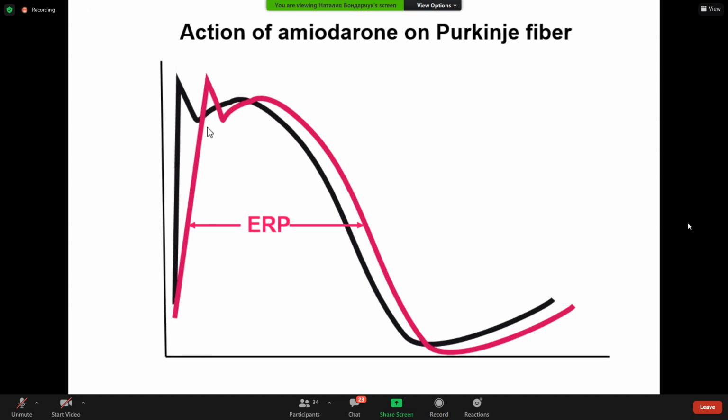That's why this drug increases the duration of the zero phase, so it decreases conduction and excitability of Purkinje fibers, and also decreases automaticity of the sinoatrial node, and also automaticity and conduction of the AV node.